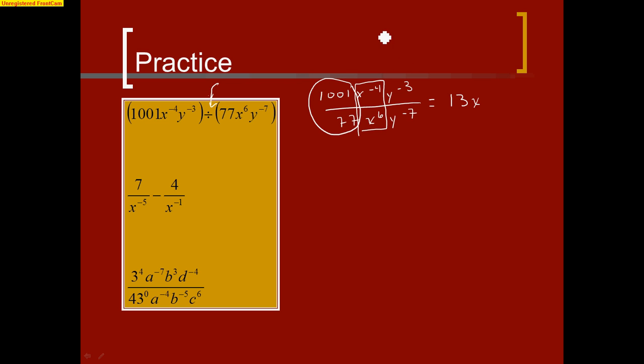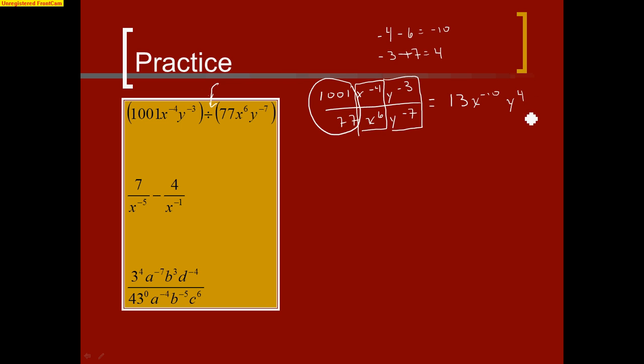This is negative 4 minus 6, which is negative 10. Negative 3 minus negative 7 is 4. A perfectly acceptable way to do the problem, and a perfectly acceptable way to leave your answer.